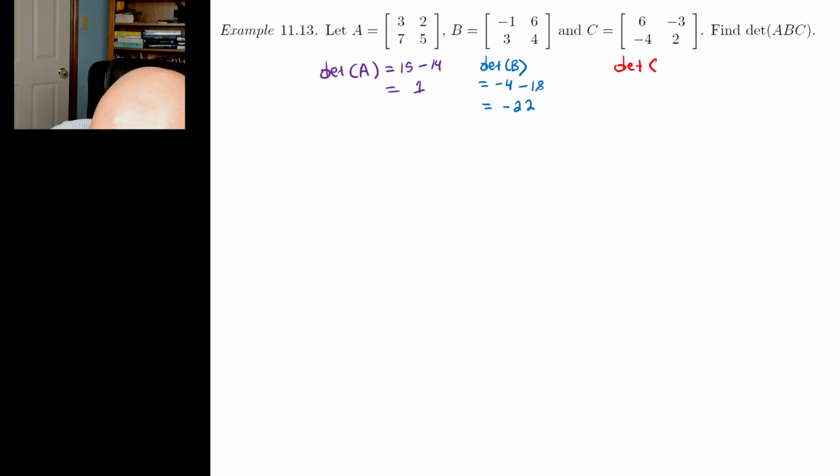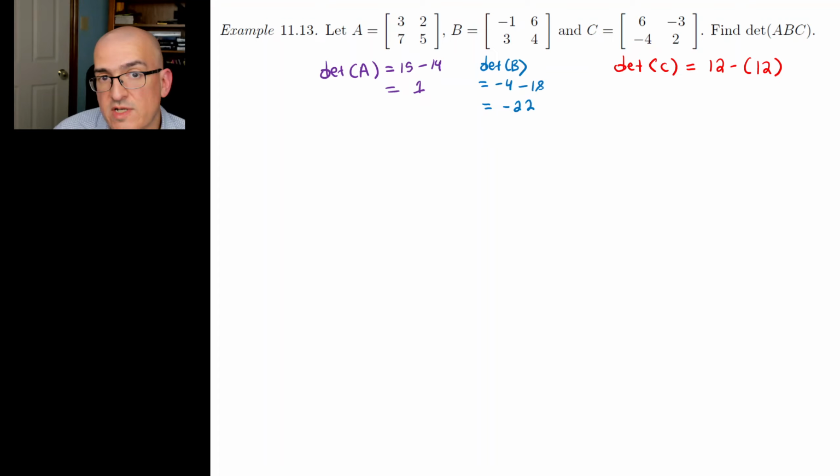The determinant of C is equal to 6 times 2, 12, minus -4 times -3. So -4 times -3 is positive 12. 12 minus 12, 0.